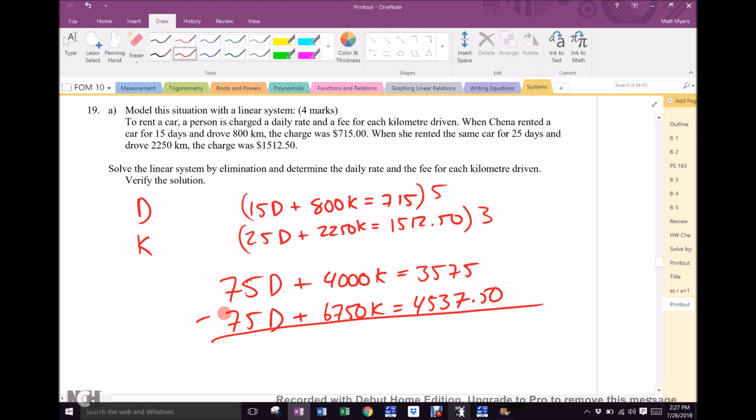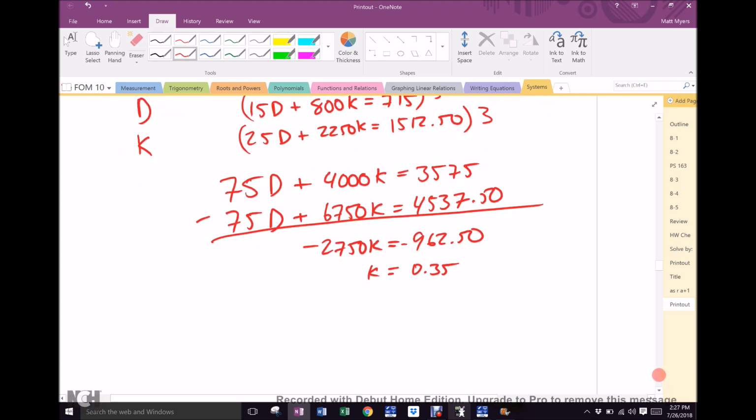Then subtract: negative 2,750K equals negative 962.50. K equals 0.35. Once I know that, it goes back up top.